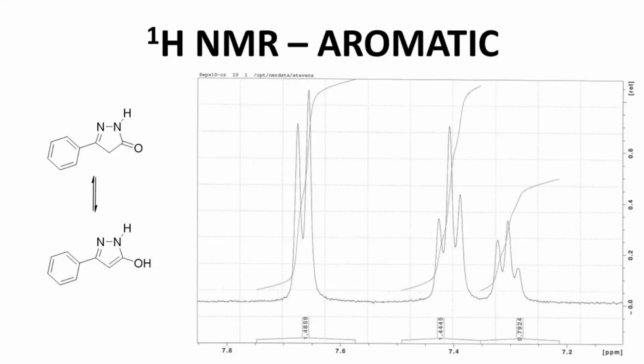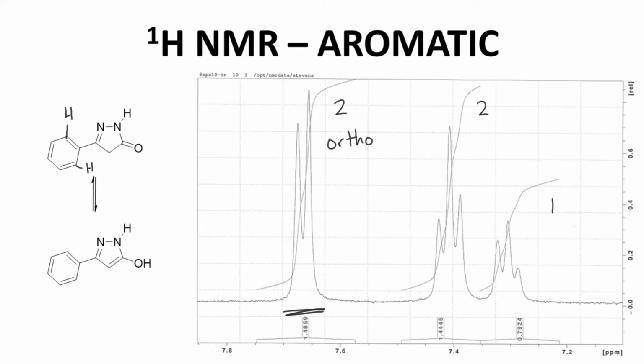Here is one last spectrum. It's an expansion of the aromatic region. The integration of these peaks shows 2, 2, and 1 hydrogen. The doublet is from the hydrogens closest to the pyrazole ring, the ortho hydrogens.